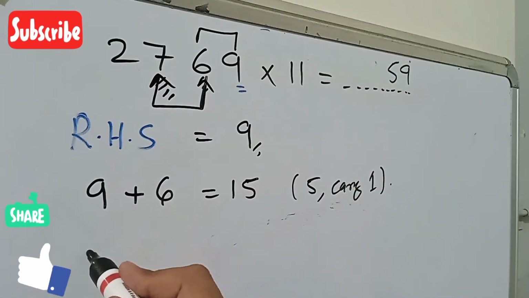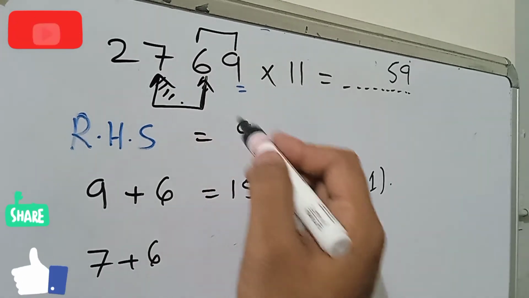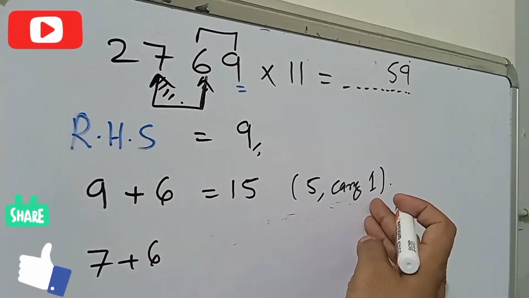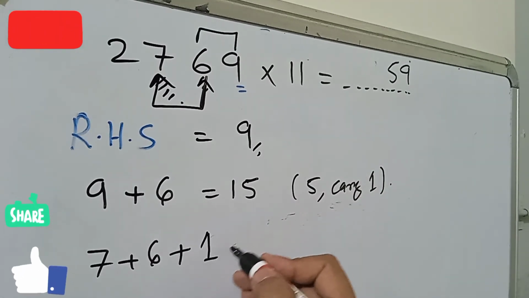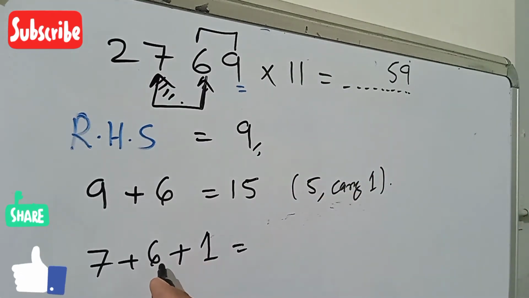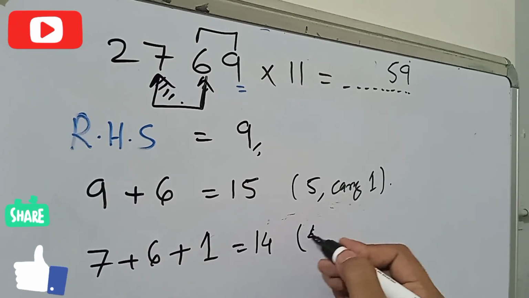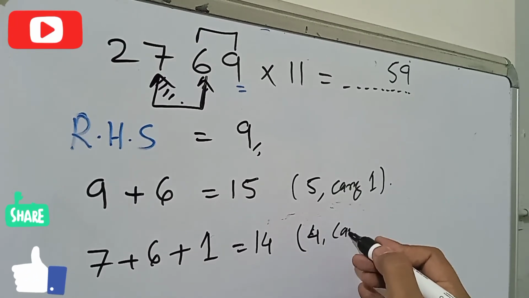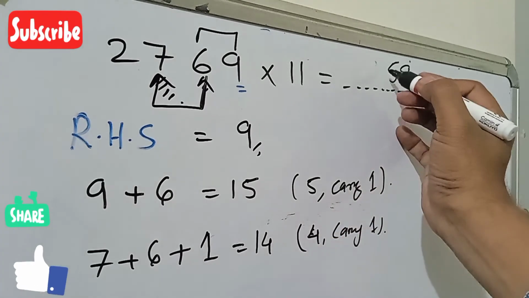This is nothing but 7 plus 6, and the carry we have is 1, so take the carry over here, 7. Now it is 6 plus 7 is 13, plus 1 is 14. Now take the 4 and carry 1. Write down the 4 over here.